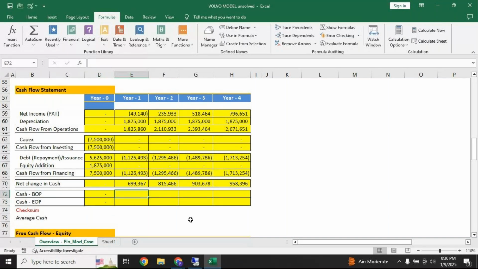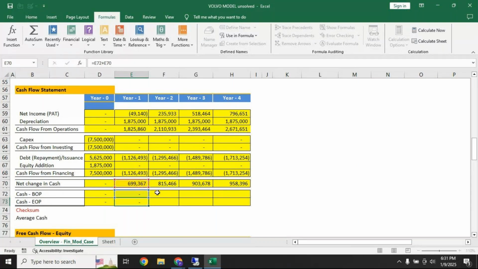For the next year, the previous year's end of period cash value will become the beginning of the period. So the end of the period will be the beginning of the period plus net change in cash, whatever cash I have plus the previous year's end of period cash.